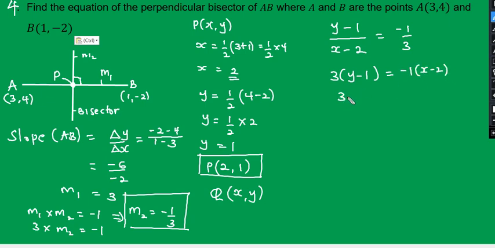So this is 3y minus 3 equal to -x plus 2. Then put everything on the left, so we get 3y plus x minus 3 minus 2 equal to 0. So we have 3y plus x minus 5 equal to 0 as my required equation.